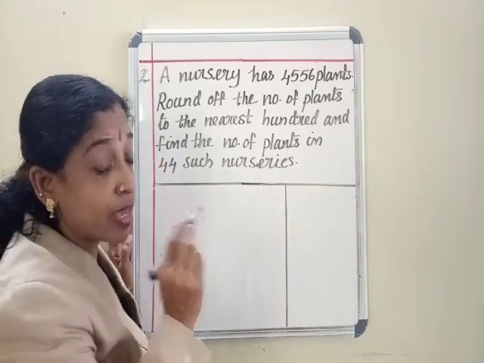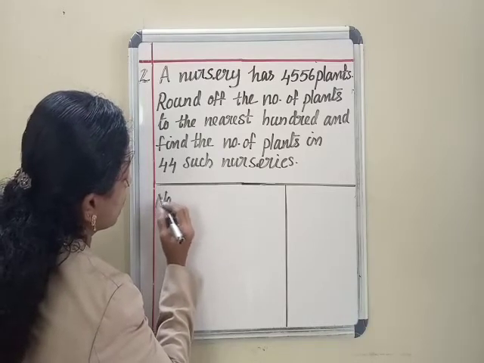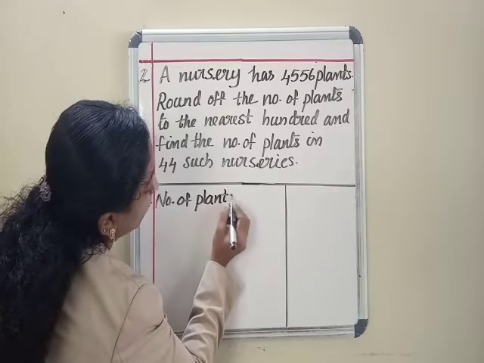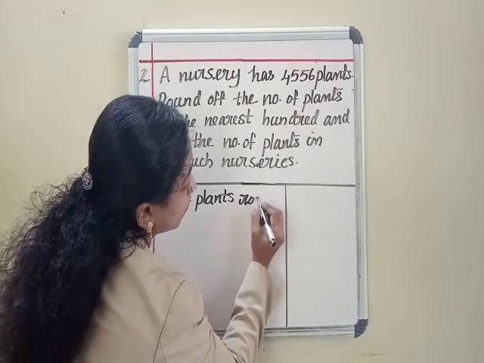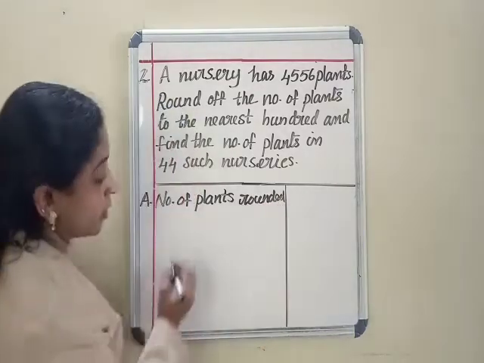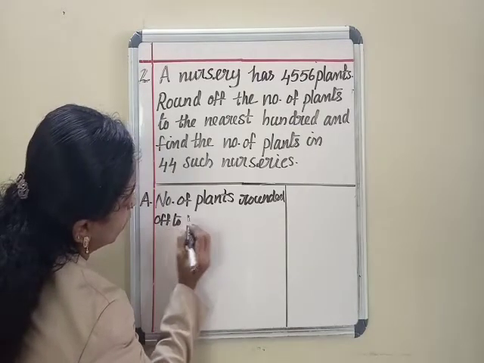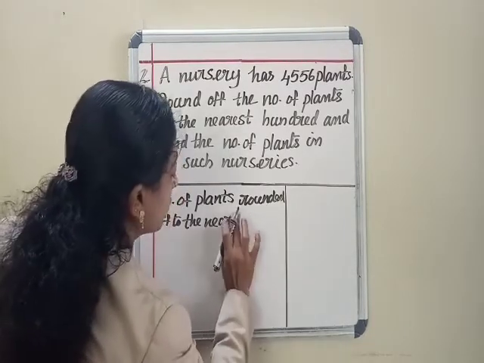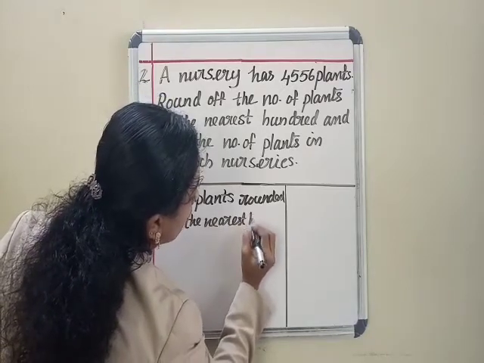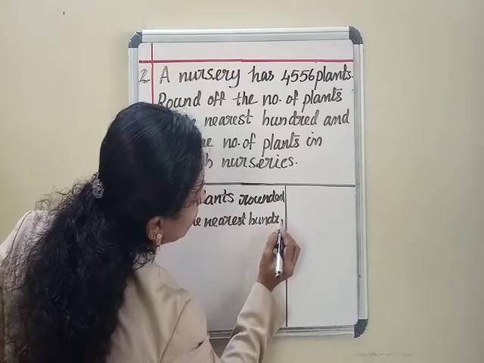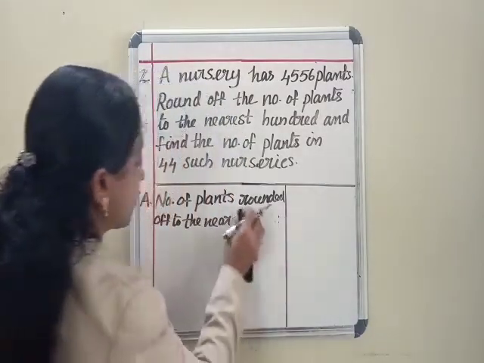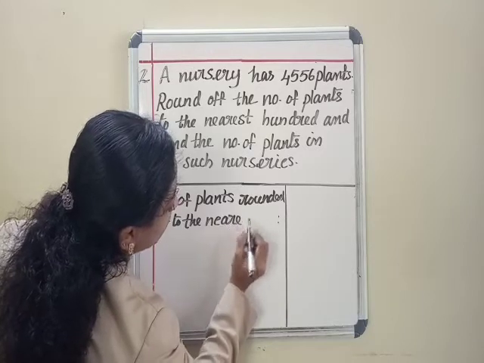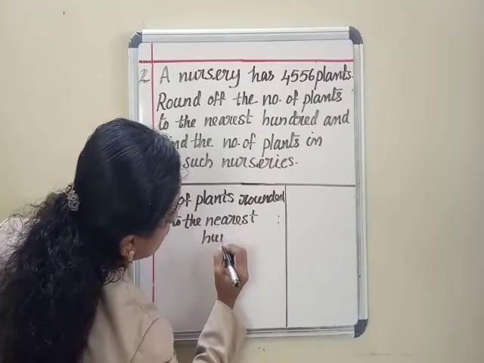Number of plants rounded off to the nearest 100.